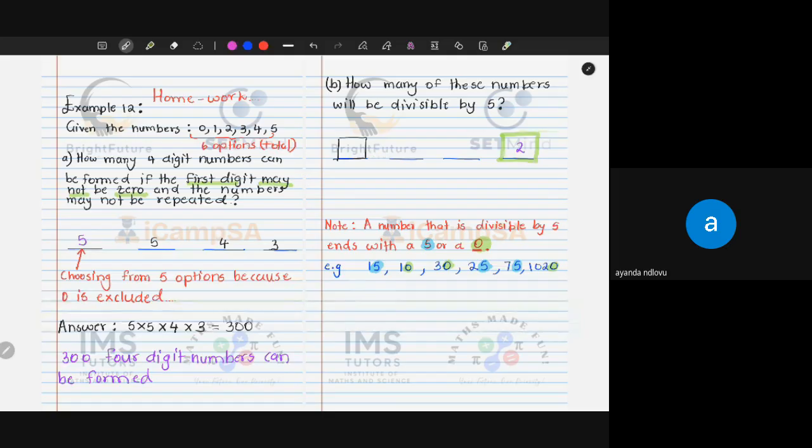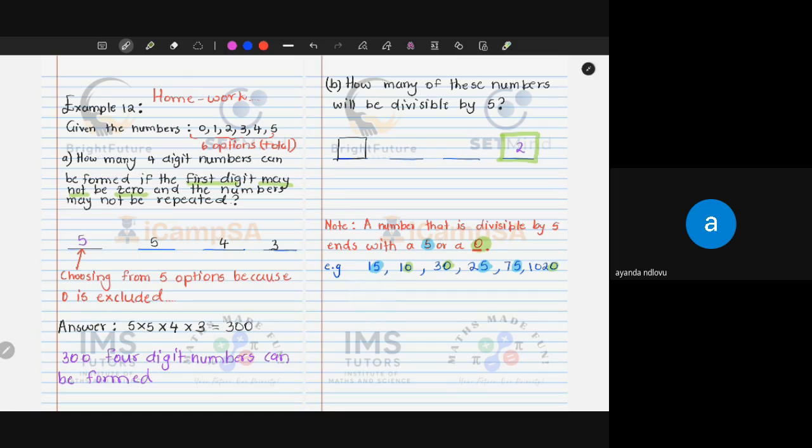Why are you saying 4? You already used it for your last option. We have already used what? We've already used 0 and the 5 for our last slots. You only have 4 options left, I think. Okay.